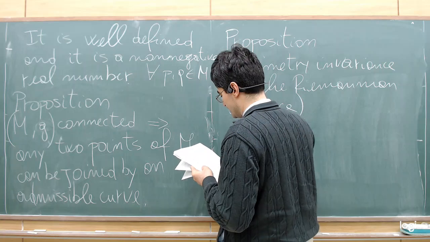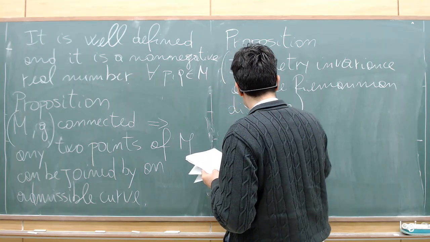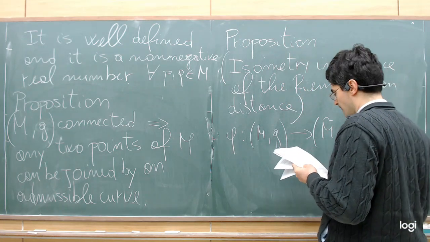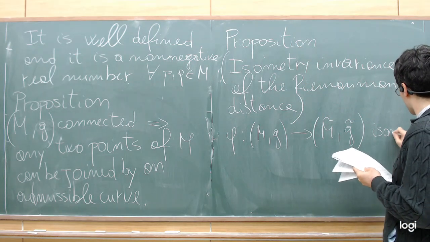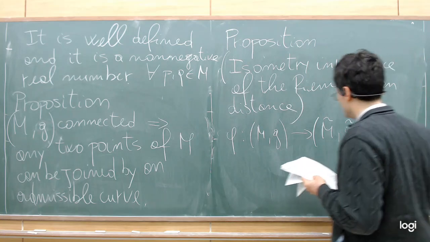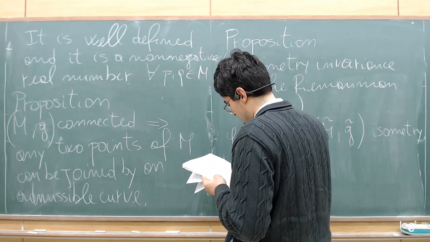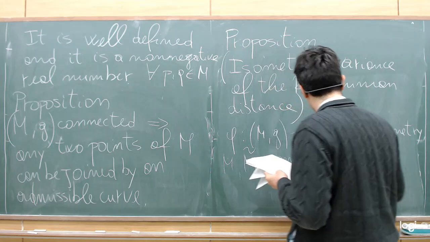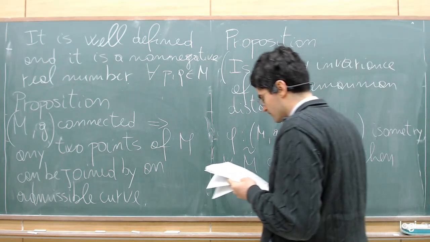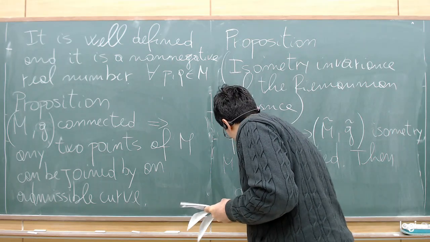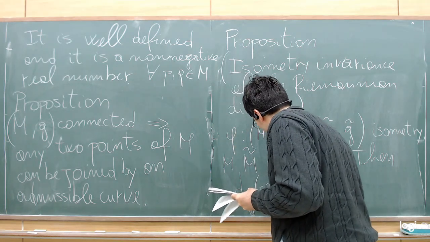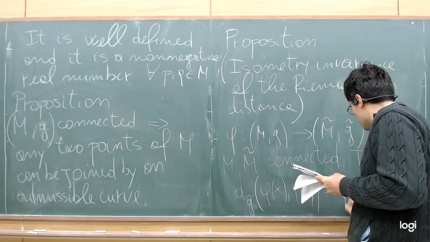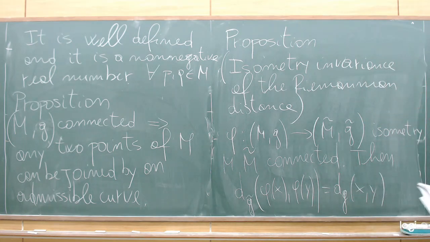Precisely, if phi between (M, g) and (M tilde, g tilde) is an isometry, and M and M tilde are connected, then the distance between phi of x and phi of y coincides with the distance between x and y.